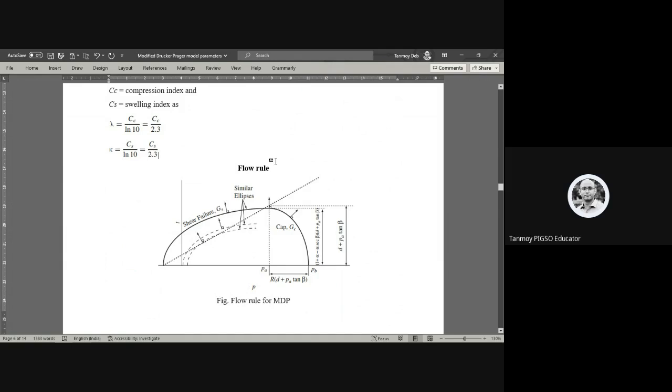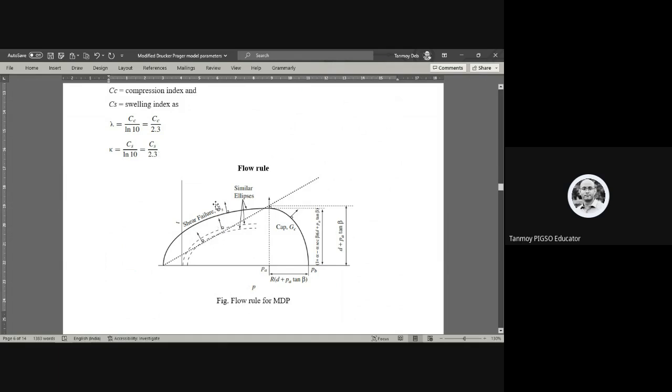And this flow rule dictates how, upon application of load, the plasticity behavior is going to be there in terms of expansion of the failure surface. You see, this is the direction where the cap is expanding under the application of load or under a particular strain level.